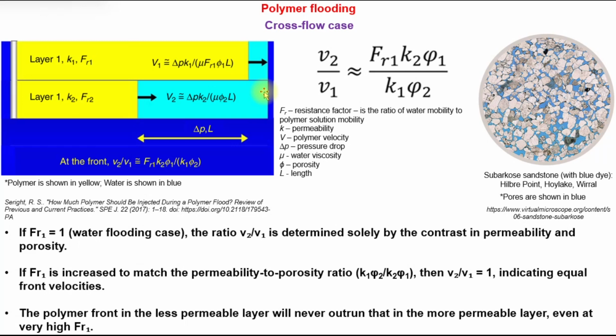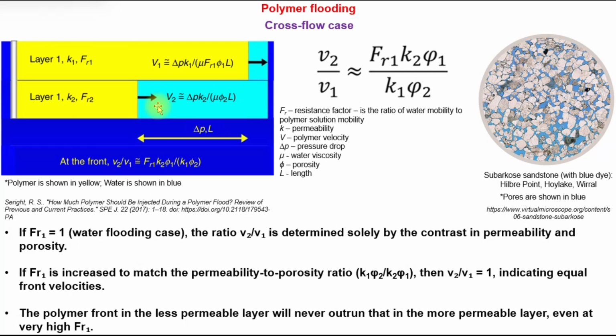Our goal now is to calculate the velocity of the polymer front in both the lower and upper layers. Let's start with the velocity of the polymer front in the lower, less permeable layer. By the way, polymer is shown in yellow and water is shown in blue.